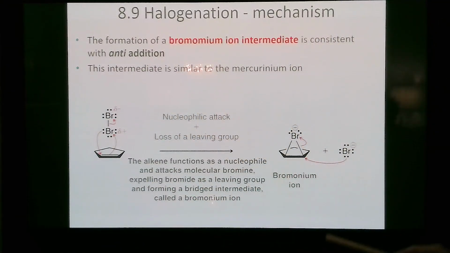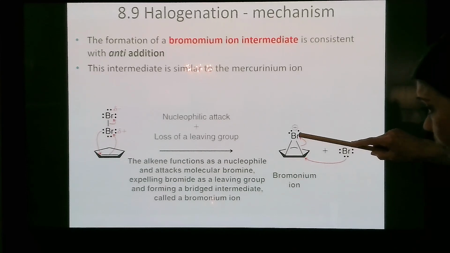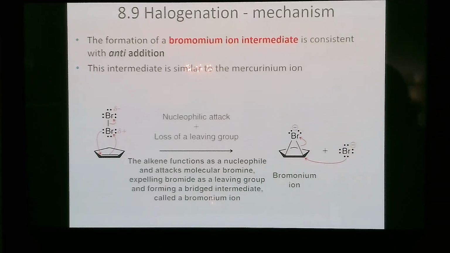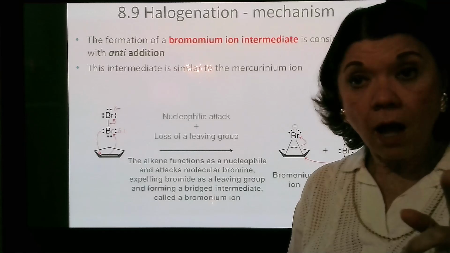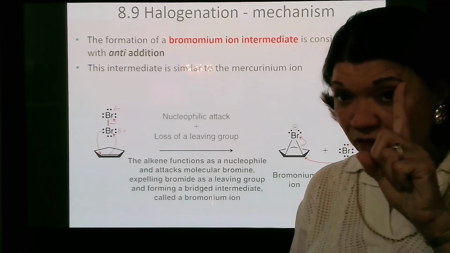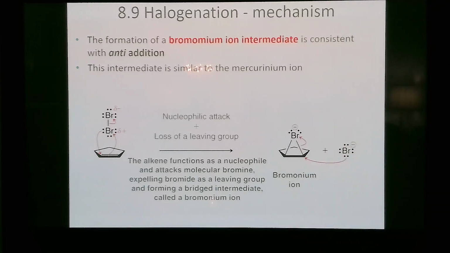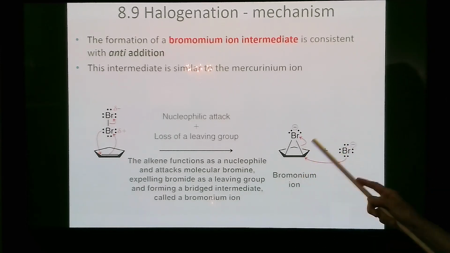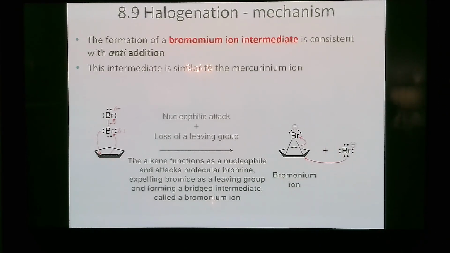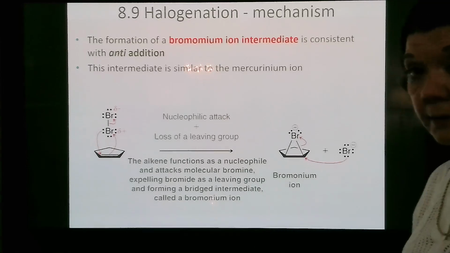And so now what you have is this bromine bearing a positive charge, and it's divalent. Now, bromine normally is only monovalent, only bonded to one other atom. Here it's bonded to two other atoms. So this is a bromonium ion. Okay, this is a bromonium ion. There's a lot of evidence for this bromonium ion.